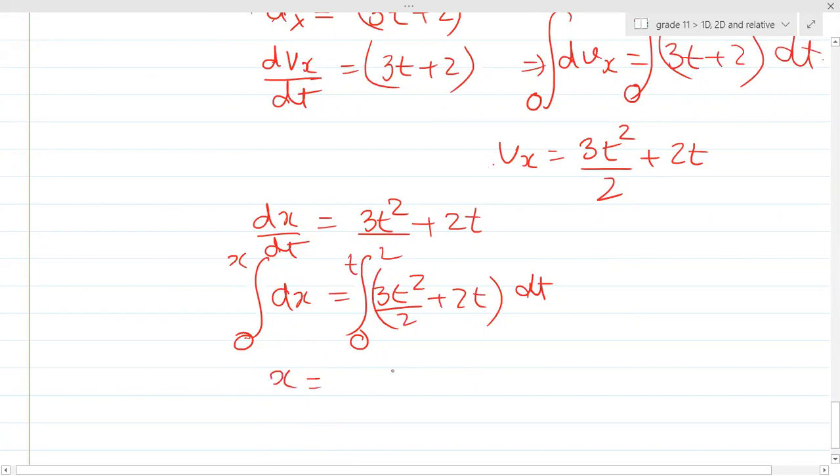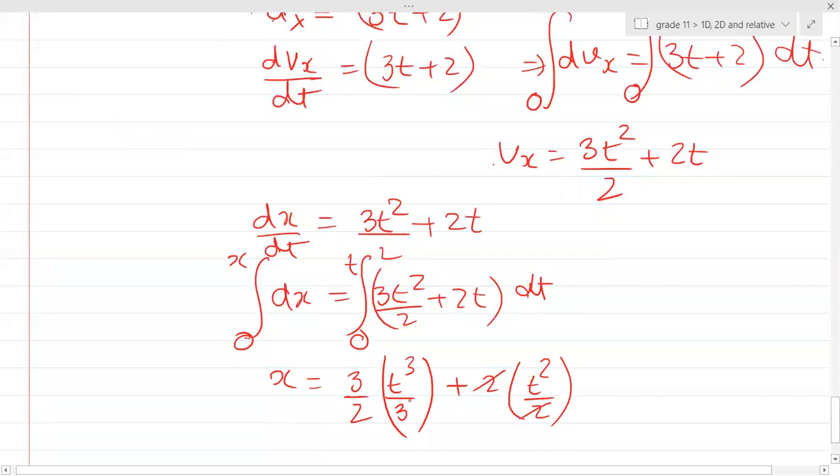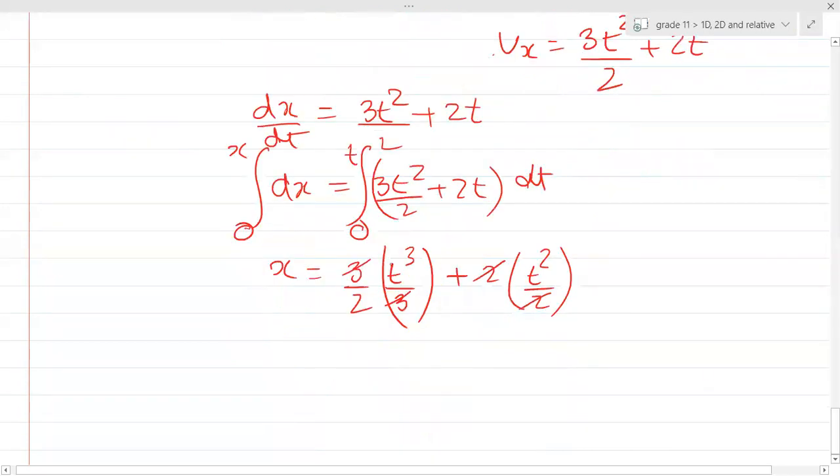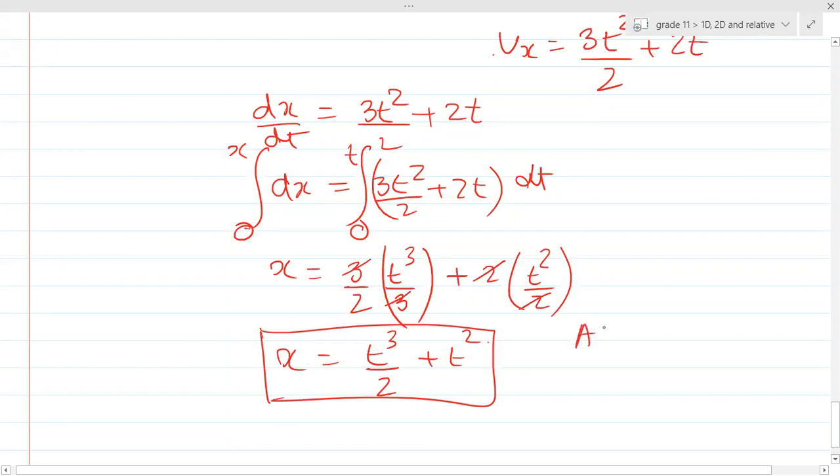When you solve it, x will be equal to t cube by 2. This is your position vector, yes? Now at t equals 2 seconds, you just put.